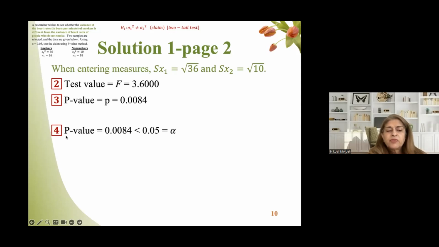Then I read my sentence from left to right. P-value is less than alpha. So it means that 0.0084 is in the alpha region, the rejection region. So I'm going to reject null. Then my claim was H1, and I rejected null.